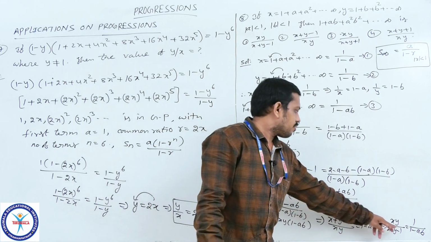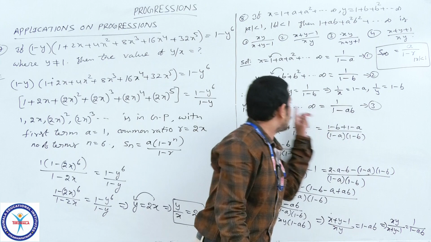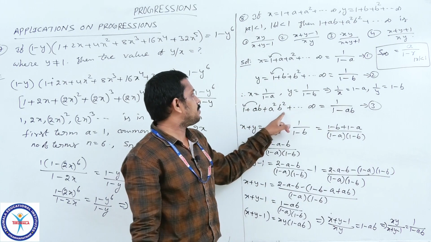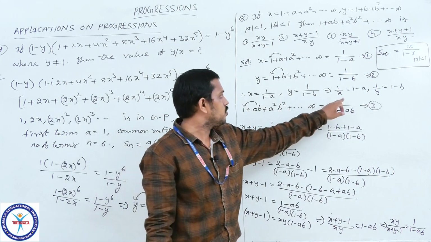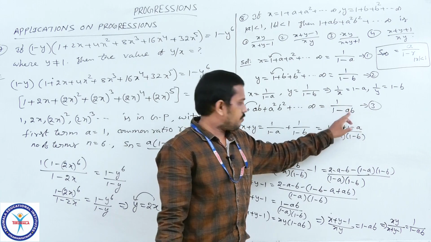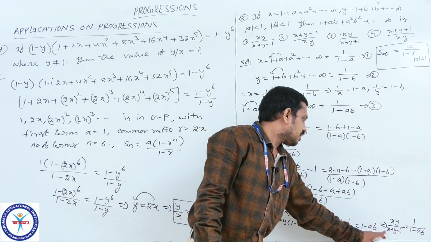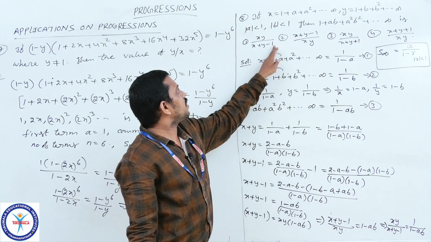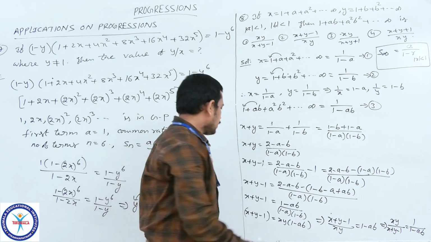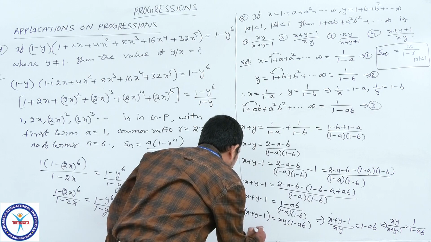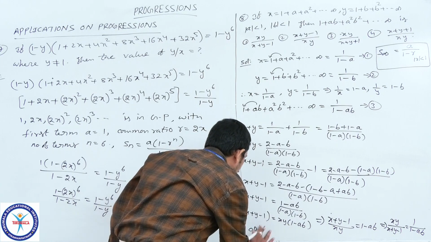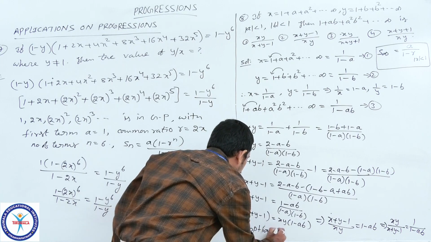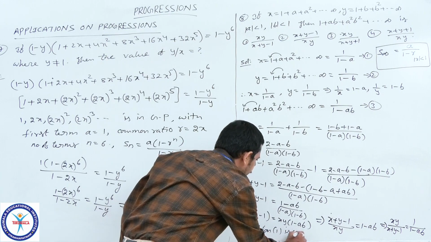So, therefore, from 3 this value 1 plus ab plus a square b square plus and so on infinity is equal to 1 by 1 minus ab, which is equal to xy by x plus y minus 1. So, therefore, xy by x plus y minus 1, option 1 is correct.